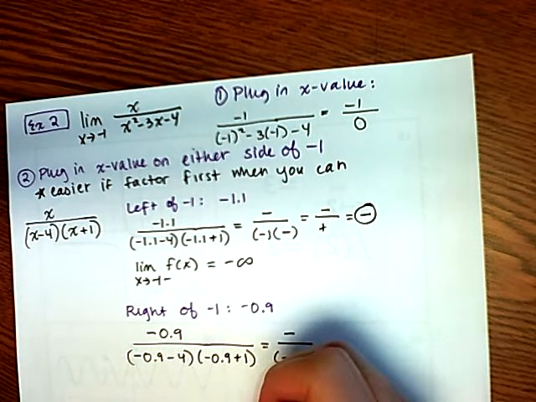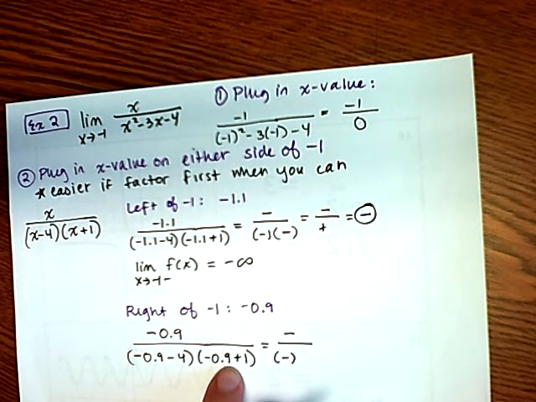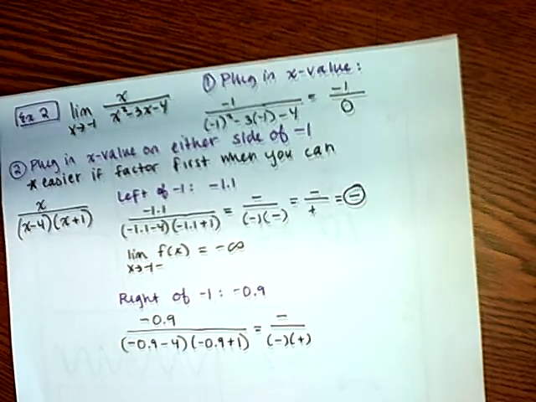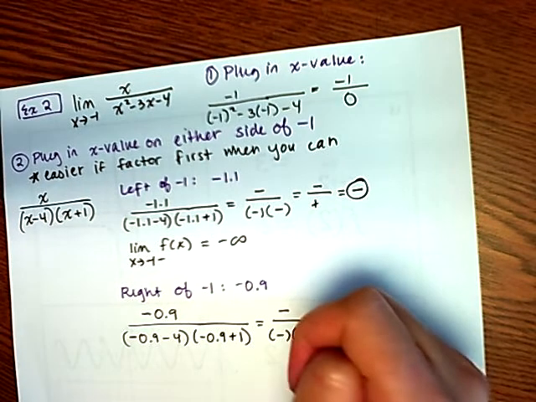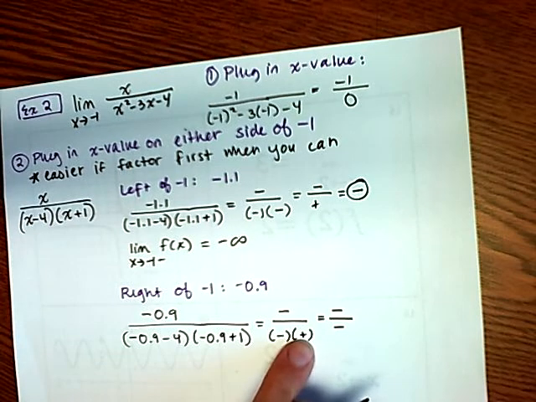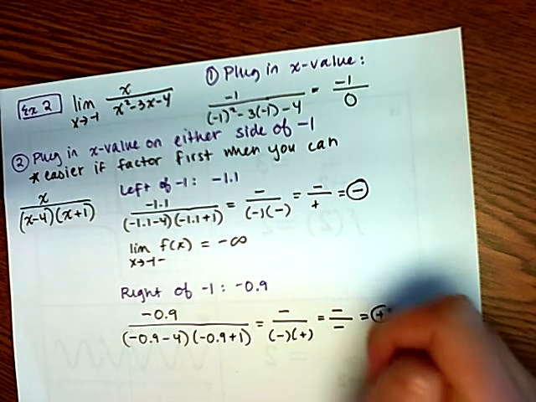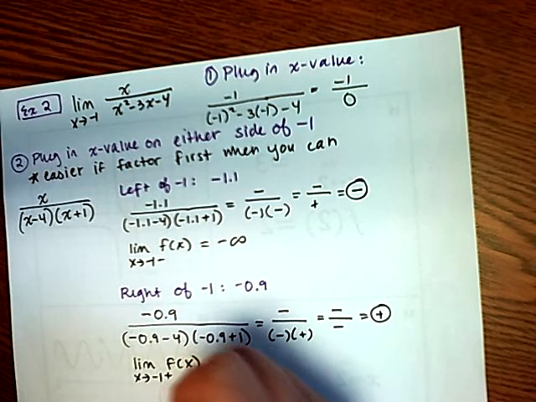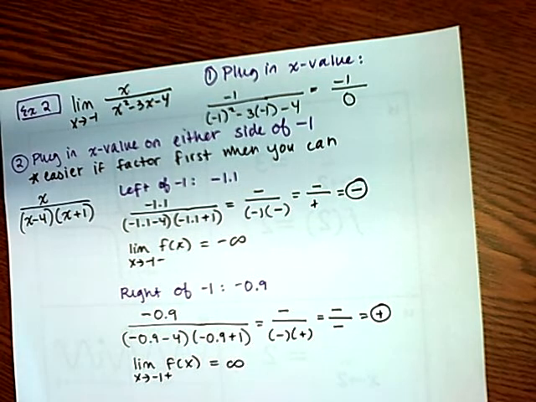That's still negative. But the second parenthesis will now be positive because -0.9 doesn't have a larger absolute value than 1. So altogether, I have negative over negative now, because negative times positive is negative, which means I get something positive. So what does this tell me? This tells me that the limit as x goes to -1 from the positive side will equal positive infinity.